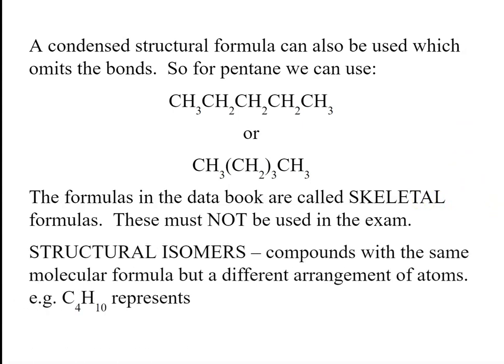Okay, so structural isomers will be new to most of you. Structural isomers, not to be confused with isotopes, are compounds that have the same molecular formula but a different arrangement of atoms. So C4H10 can be arranged in two different ways.